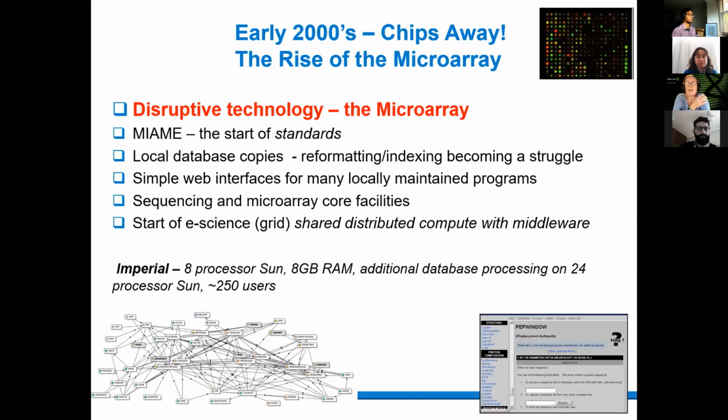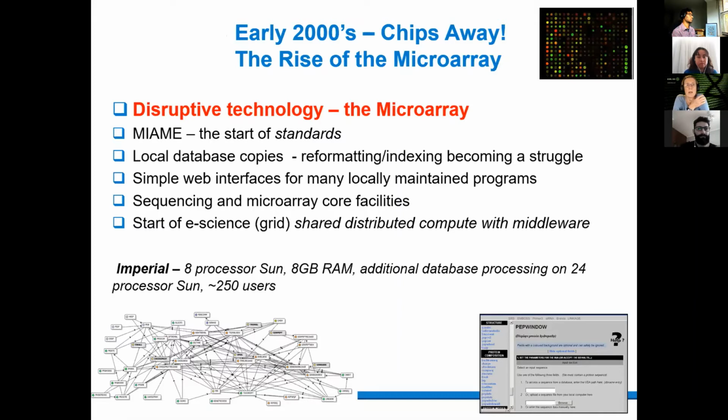Then we come to the early 2000s, and at this point there was what I would call a disruptive technology change, because the microarray came along. And this was really the era of the start of standards, with the MIAME standard for the minimum information about a microarray experiment.